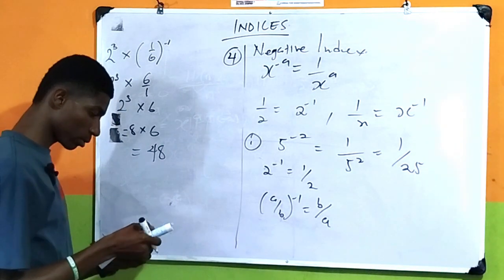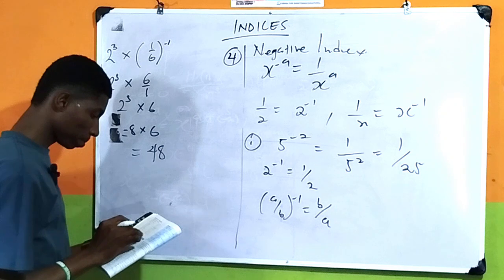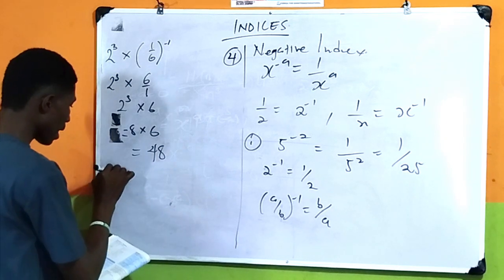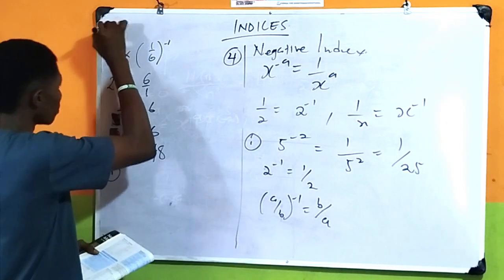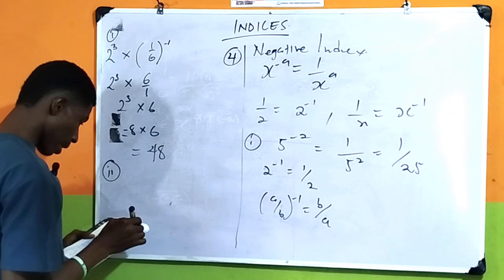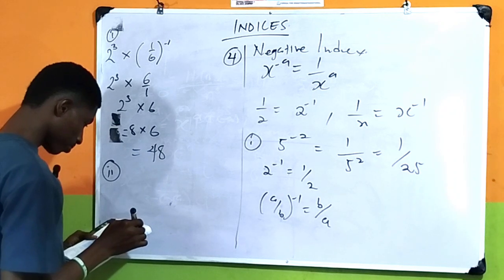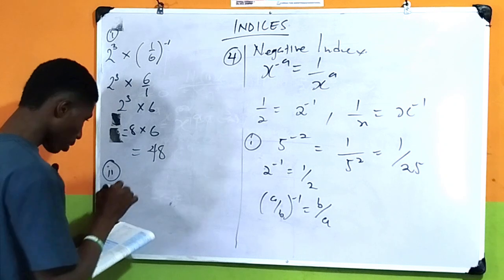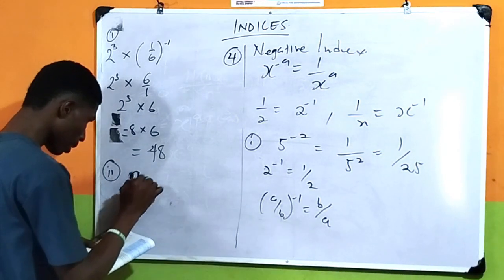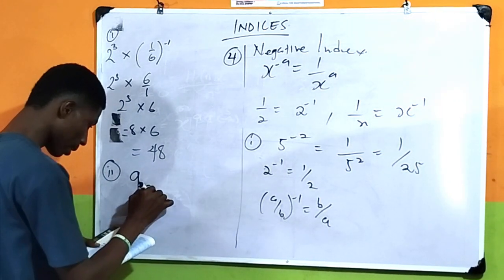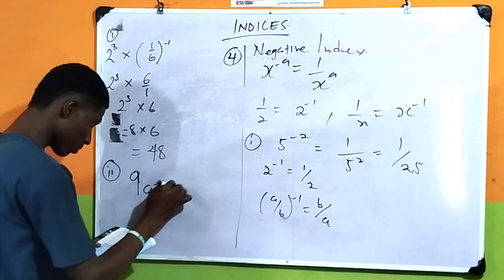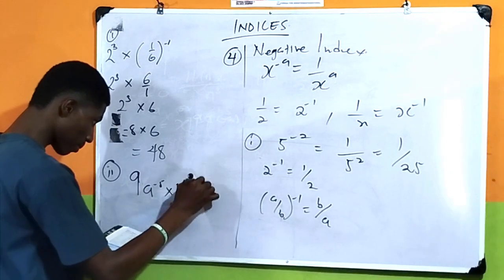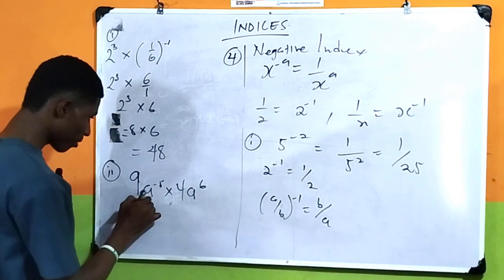Let's take further examples. Here I have 9a^(-5) times 4a^6.